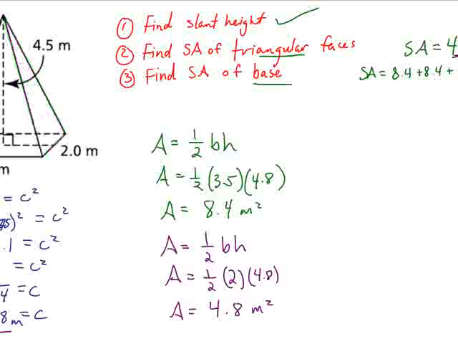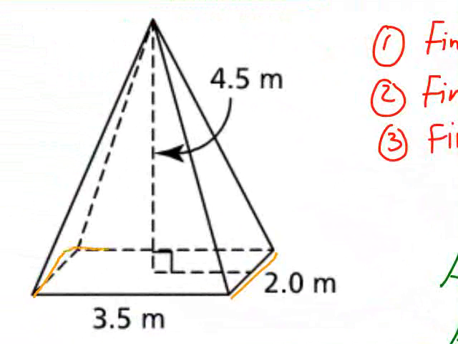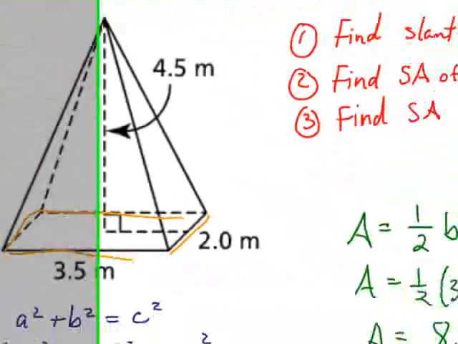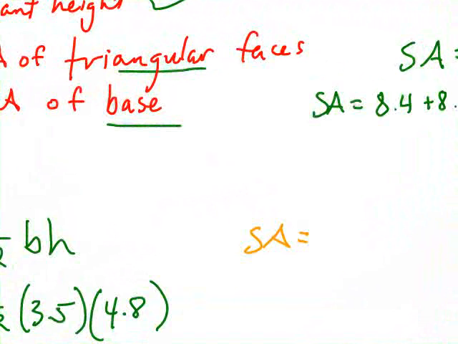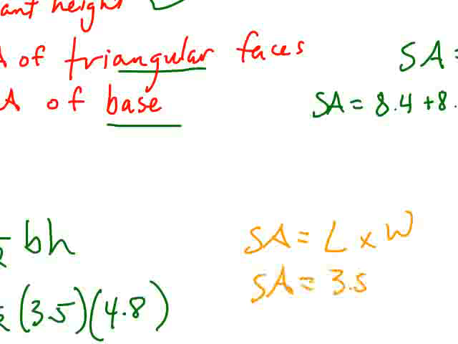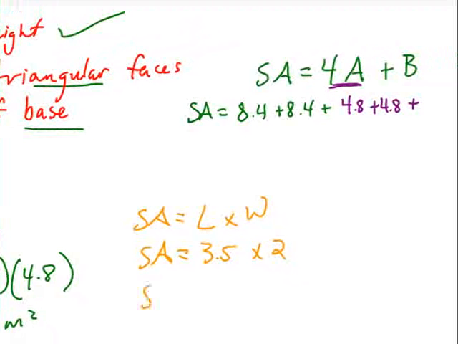Okay, so the only thing that's left is to find the surface area of the base, and the surface area of a rectangle is just length times width. So our surface area is 3.5 meters times 2 meters, and therefore it is 7 meters squared. So the base is 7 meters squared, so we'll just add that to our formula.